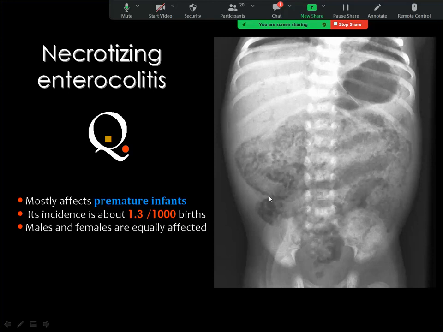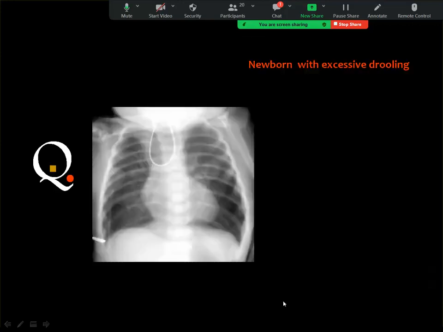You have air in the wall of the small bowel and air in the portal venous tract, and this is reversible and not incompatible with life. But in adults, if you see air in the portal venous system, this means that the bowel is ischemic and gangrenous, and this is the pre-mortem phase.